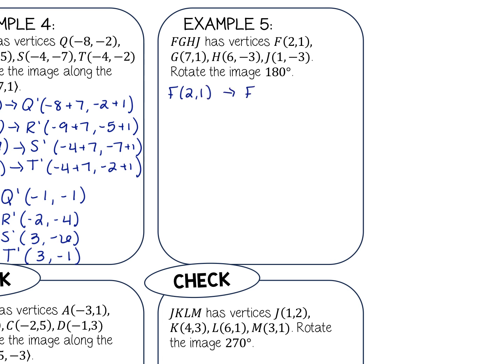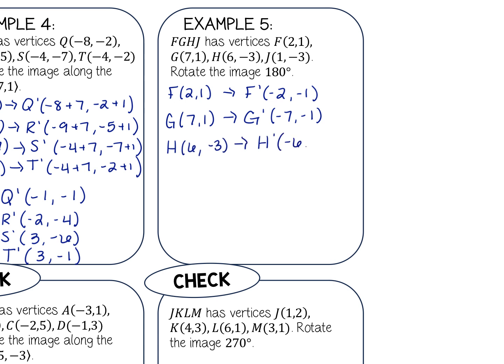Then F prime is just those two values negative, so -2, -1. G is 7, 1. G prime is -7, -1. H is 6, -3, so H prime is -6, 3. And J is 1, -3, so J prime is -1, 3.